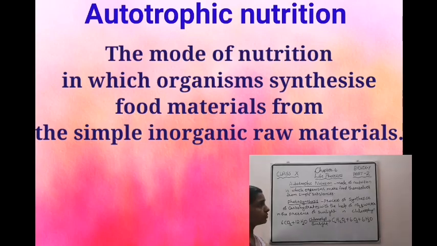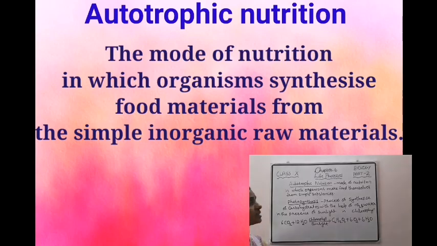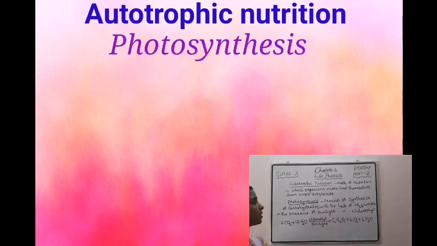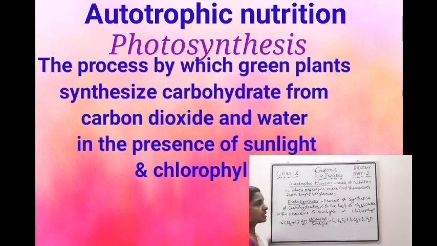Autotrophic nutrition is the mode of nutrition in which organisms make food themselves from simple substances. These simple inorganic substances are carbon dioxide and water. Autotrophs do this by a phenomenon called photosynthesis. Then what is photosynthesis?